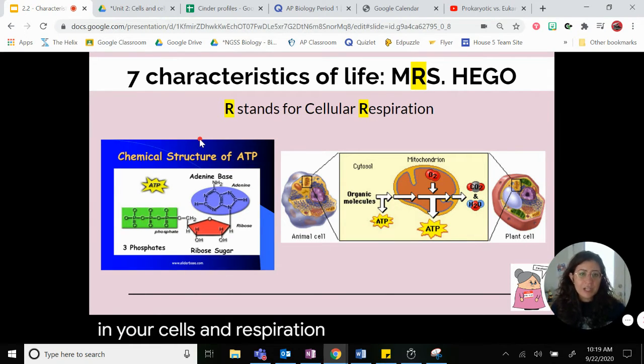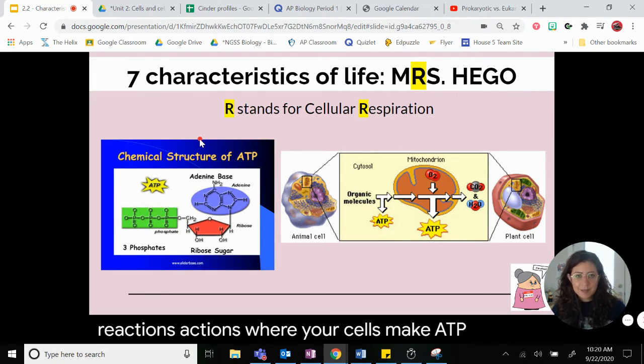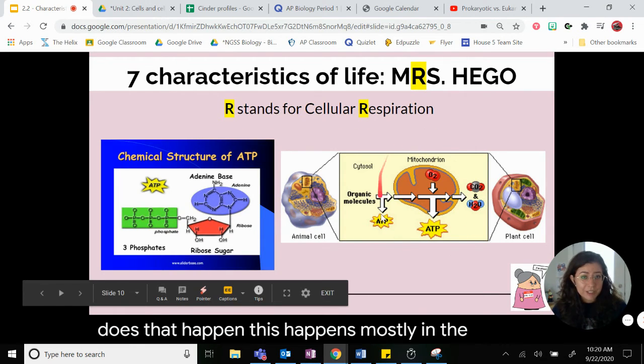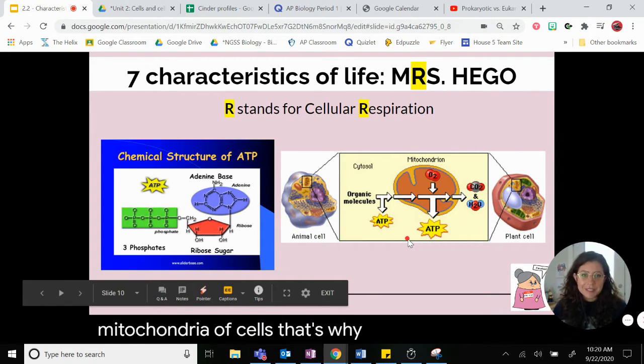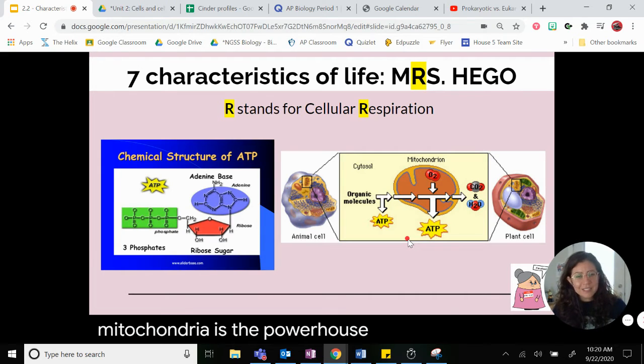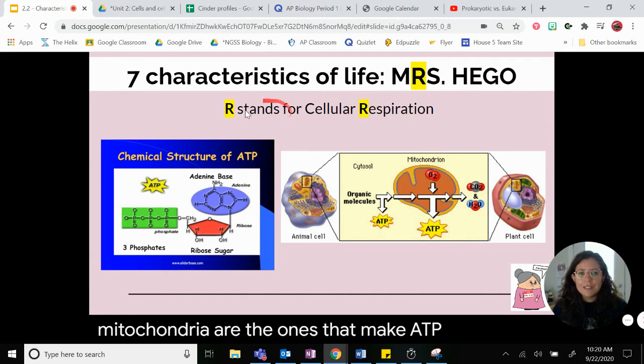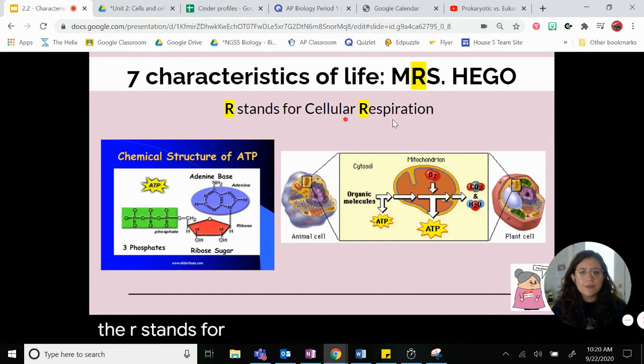And respiration is the series of chemical reactions where your cells make ATP. Where does that happen? This happens mostly in the mitochondria of cells. That's why we always say the mitochondria is the powerhouse of the cell. What we really mean is mitochondria are the ones that make ATP. That's what the R stands for, cellular respiration.